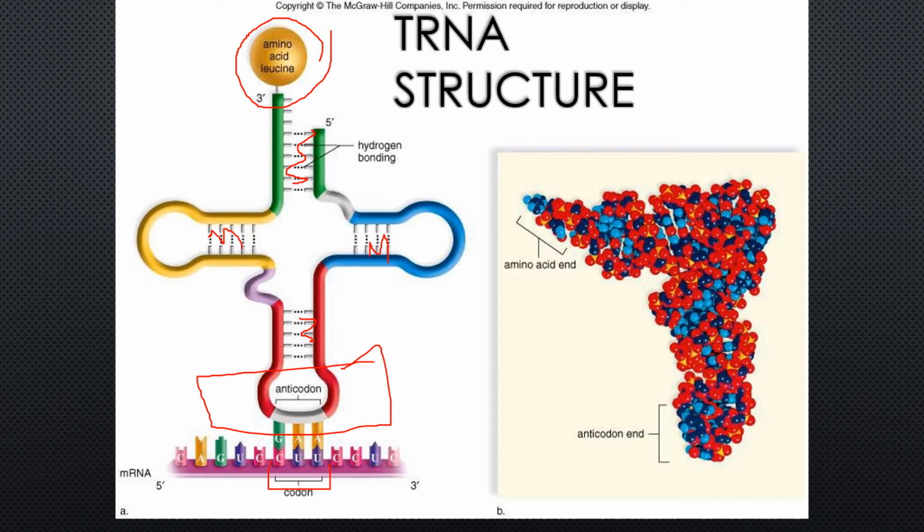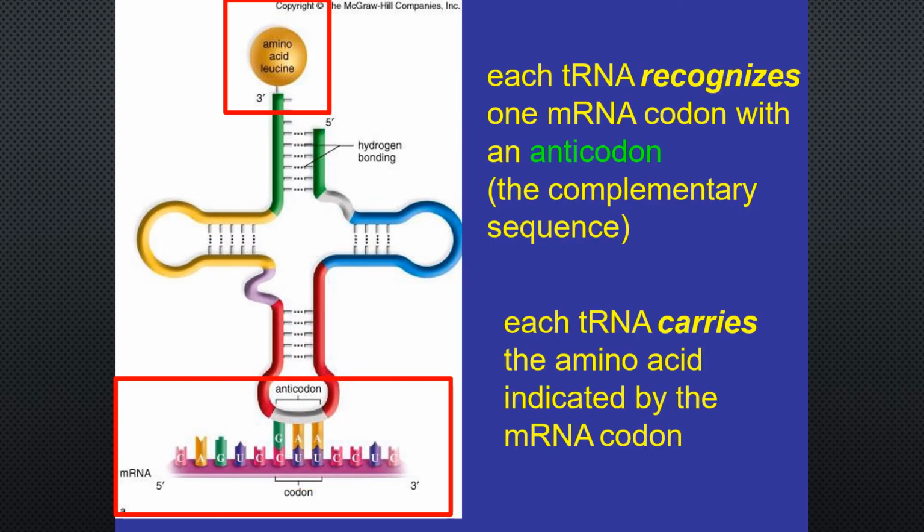And so the anti-codon is also a series of 3, but they are complementary to our codon. So each transfer RNA recognizes one mRNA codon, and it recognizes it by using the anticodon, which is that complementary sequence. So the tRNAs are out there in the cytoplasm. They recognize the mRNA with their anticodon, and they carry the amino acid indicated by that messenger RNA codon to that mRNA site.